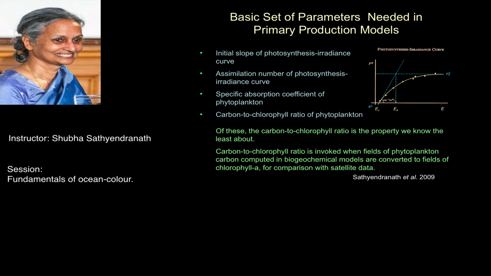If you want to use a carbon-based model, and it's only for those models rather than chlorophyll, you need to know how to convert between carbon and chlorophyll. Given that the satellite gives you chlorophyll concentration, and there are some ways in which you can get it, or people say we can get at carbon, but bear in mind that satellite has no carbon signal that it can directly pick up.